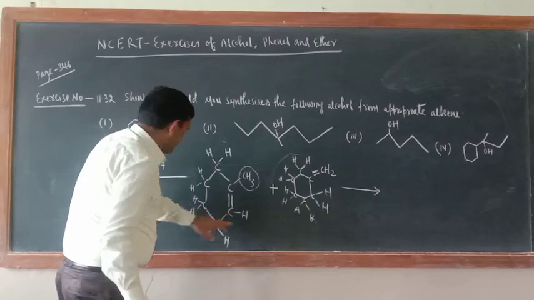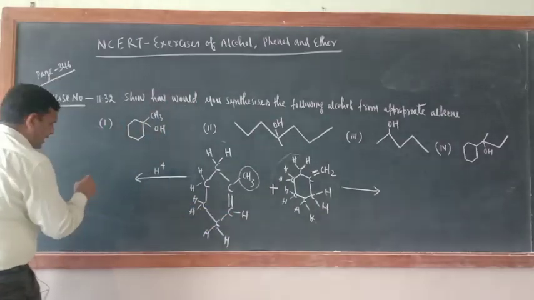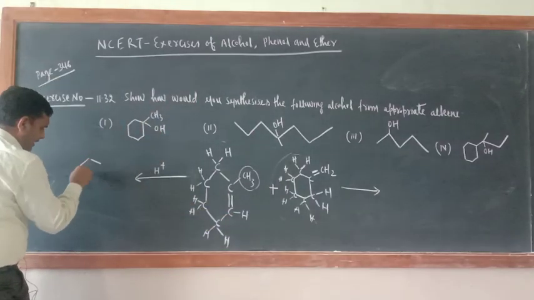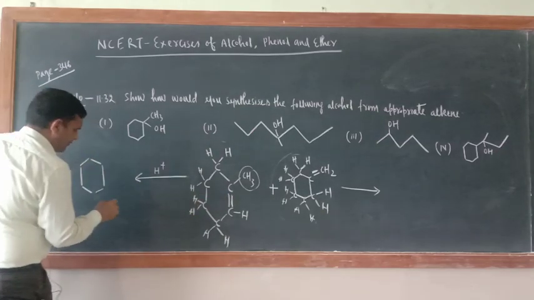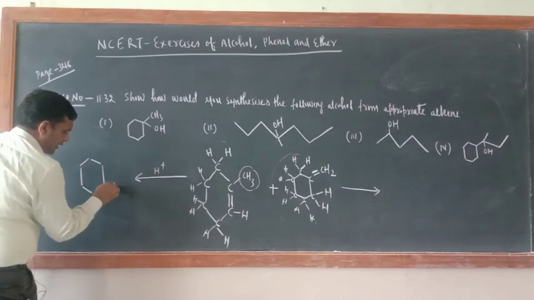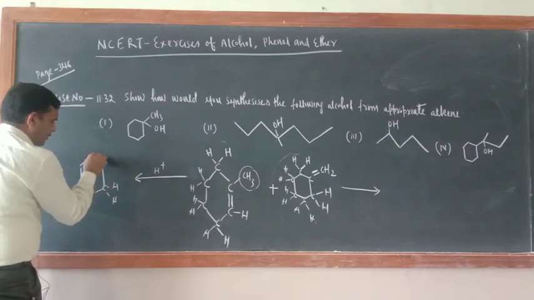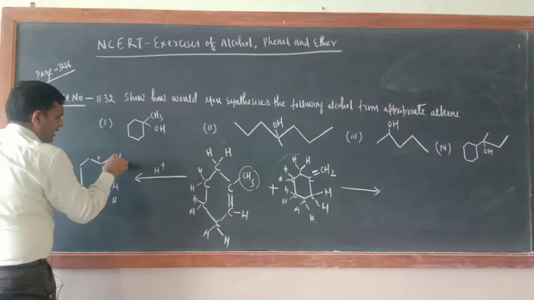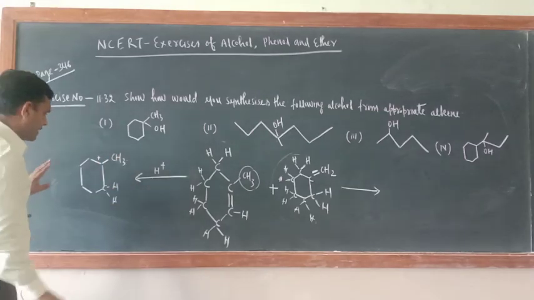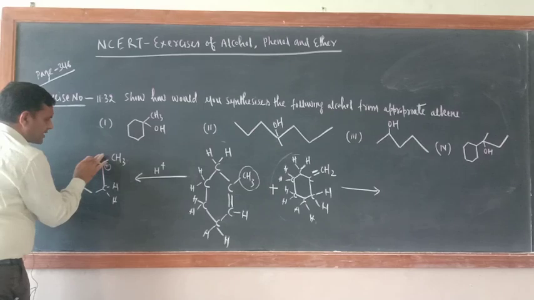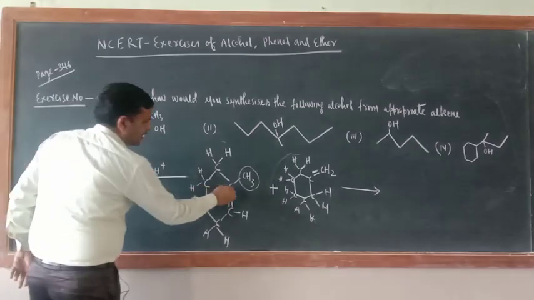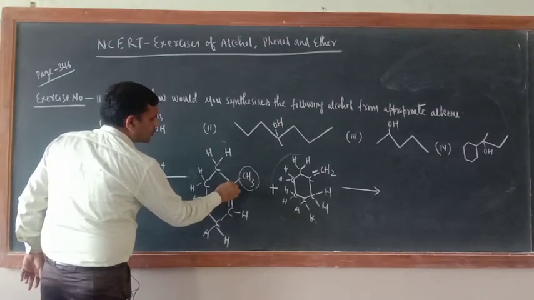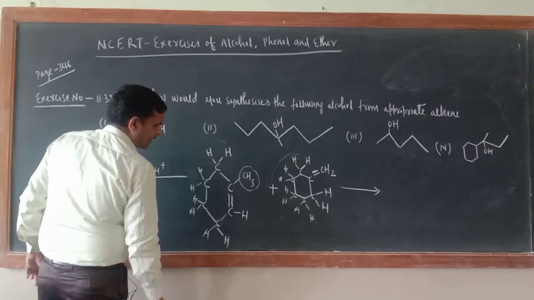If I add here, then I will make the structure like this: this double bond will be broken, and here H, here a positive sign will be generated, and here CH3. That means this carbon atom will receive the positive charge. So what kind of carbocation is generated? If the positive sign is here, a 2 degree carbocation is generated, correct or not?